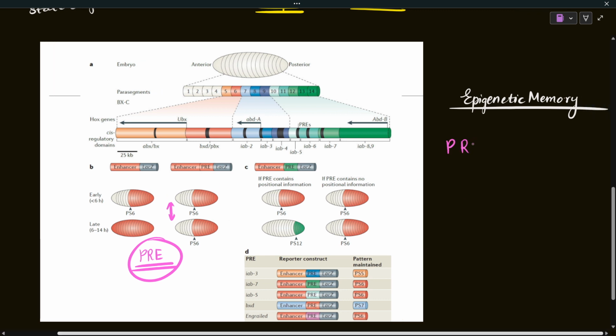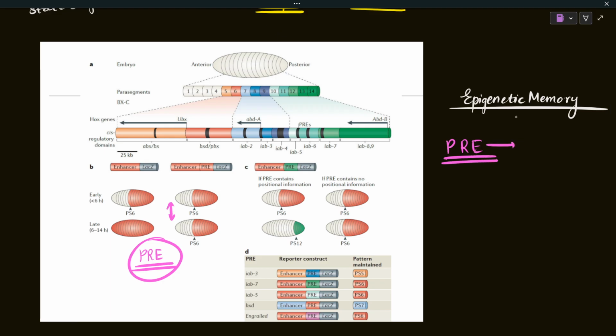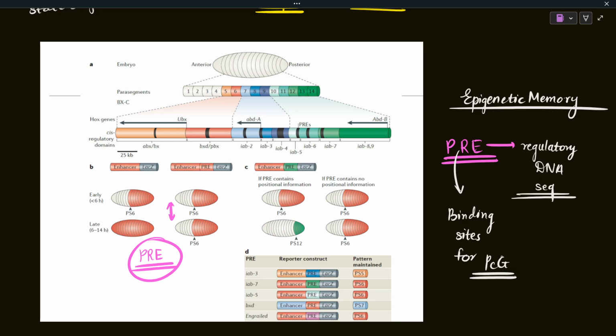Polycomb response elements, PREs, are regulatory DNA sequences. They do not have a functional enhancer region; they are simply the binding sites for the Polycomb group of proteins.